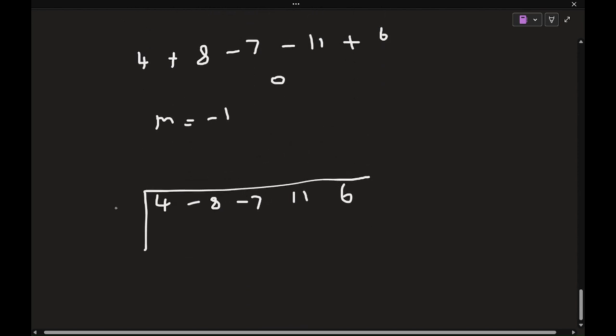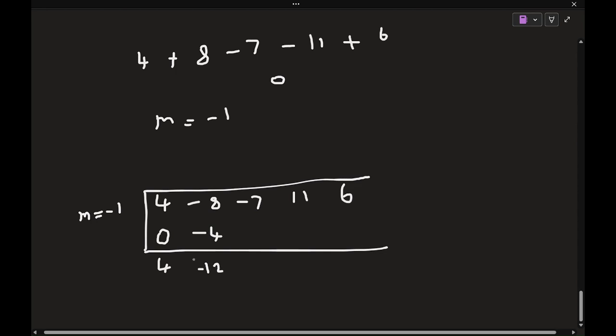I already know by trial and error that one of my roots is -1. For this method, you assume the first value as 0. 4 plus 0 is 4. Whatever value you get, you multiply it with the root you found, which is -1, and add it to the next term. So 4 into -1 minus 8 is -12.